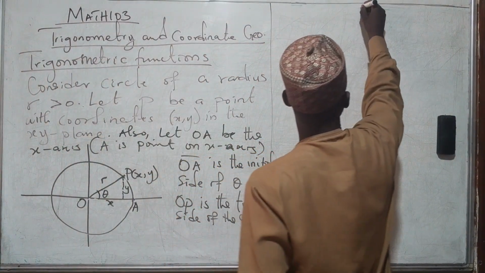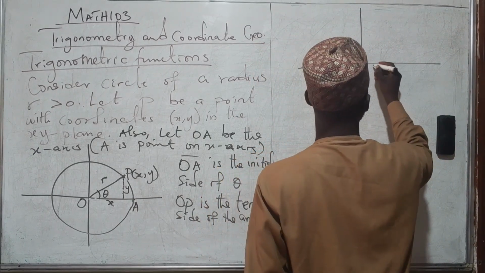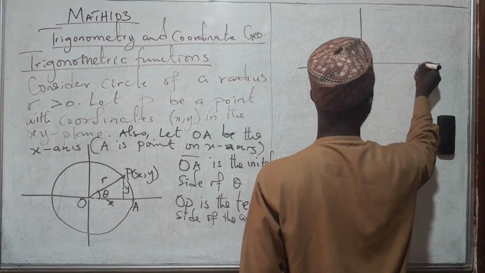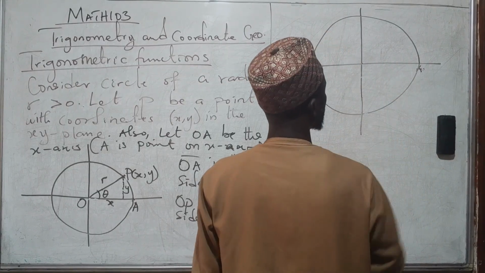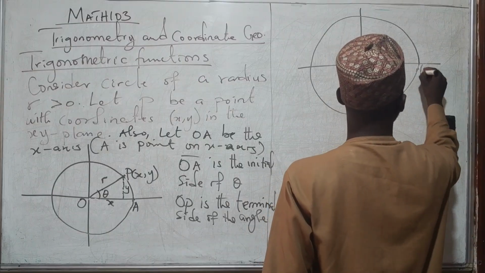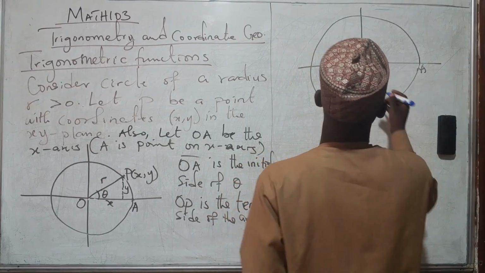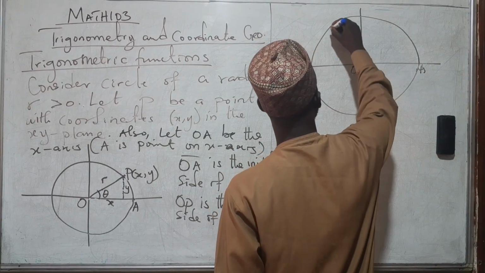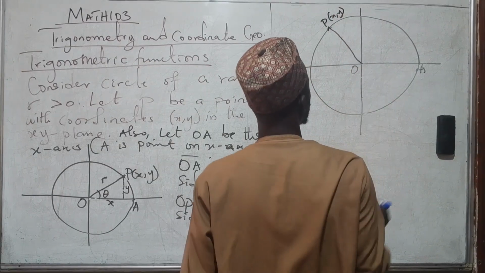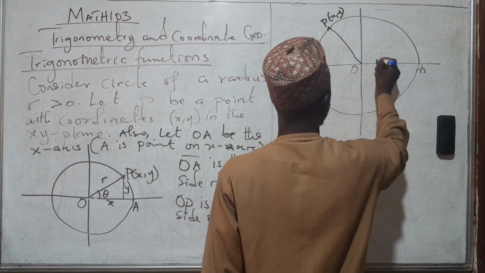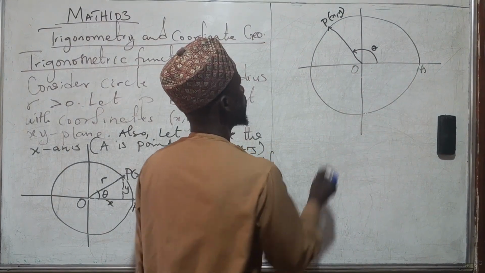Now, if theta is in the second quadrant, this is the initial side OA as usual, and theta lying in the second quadrant, meaning P is here, x comma y, and then this is theta.